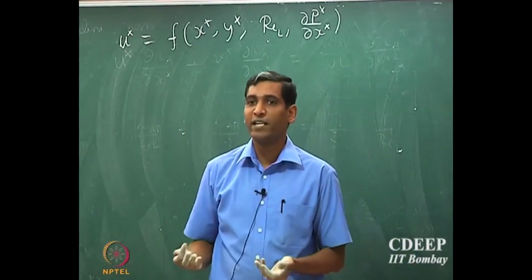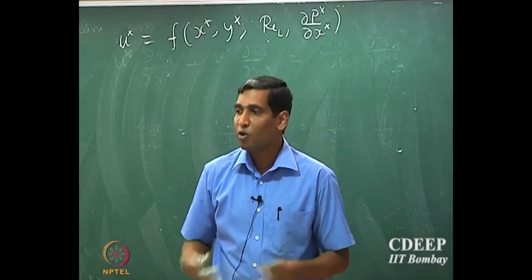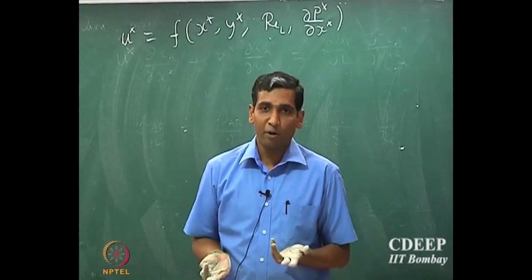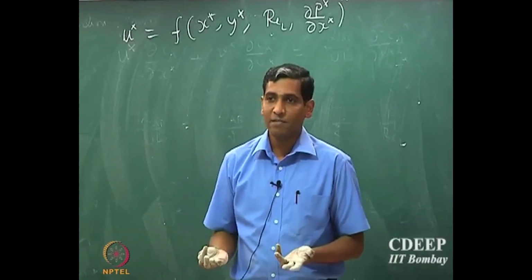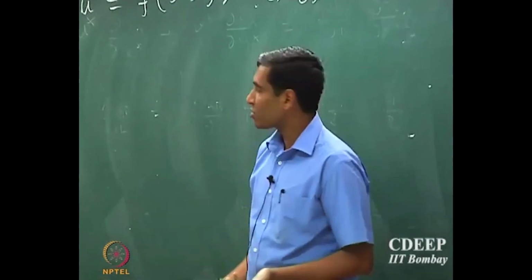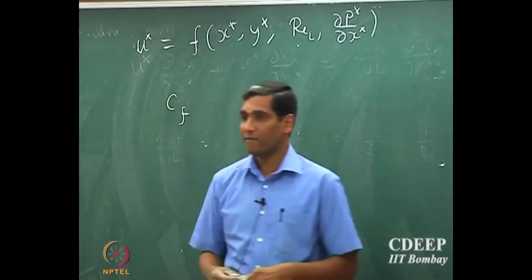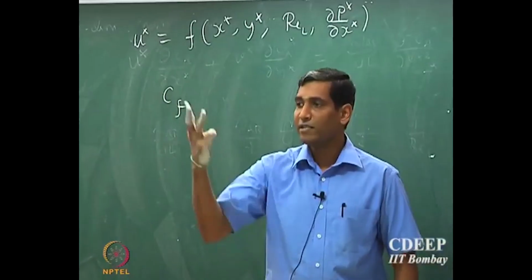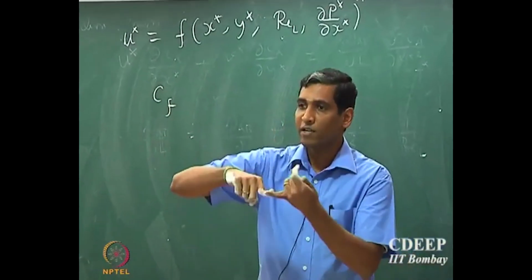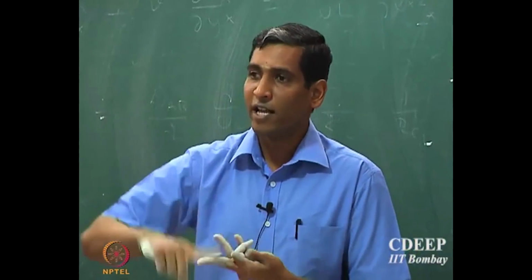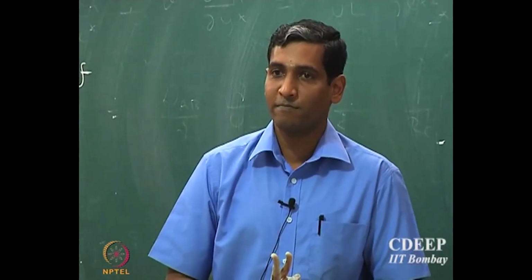The purpose of writing these balances is to quantify these processes, right? So if I want to quantify the process, the momentum diffusivity is quantified by the friction coefficient Cf. So remember that we defined three quantities. One is the friction coefficient, the other one is the heat transport coefficient, and the third one is the mass transport coefficient.